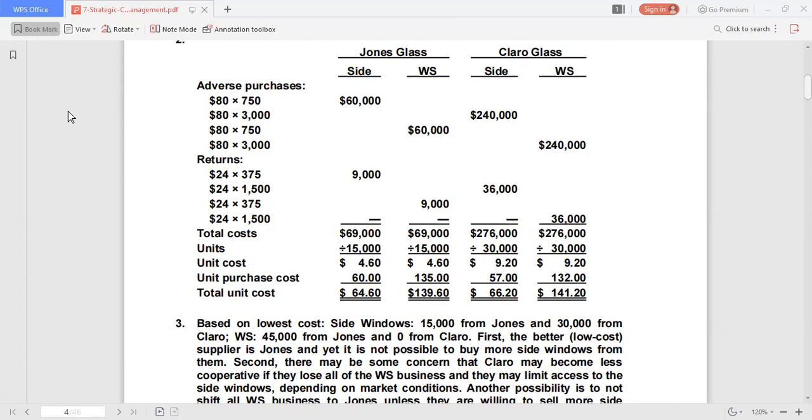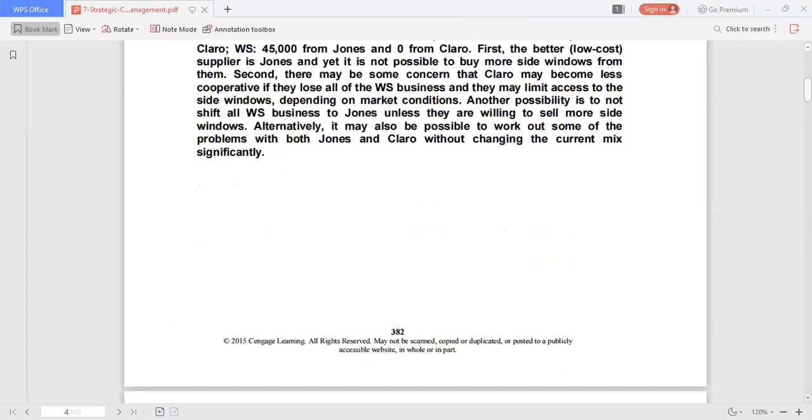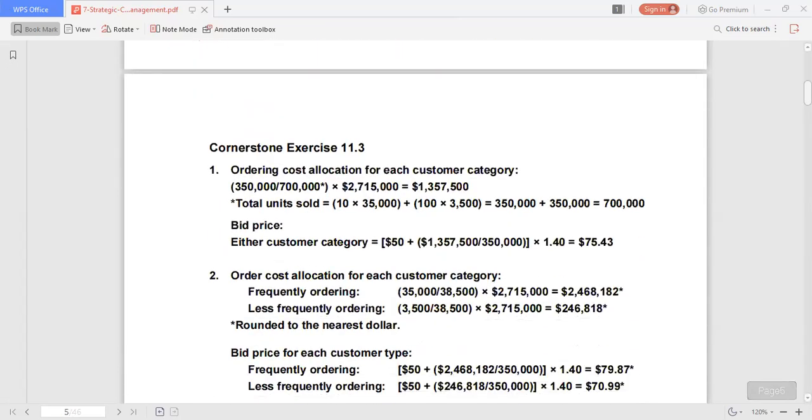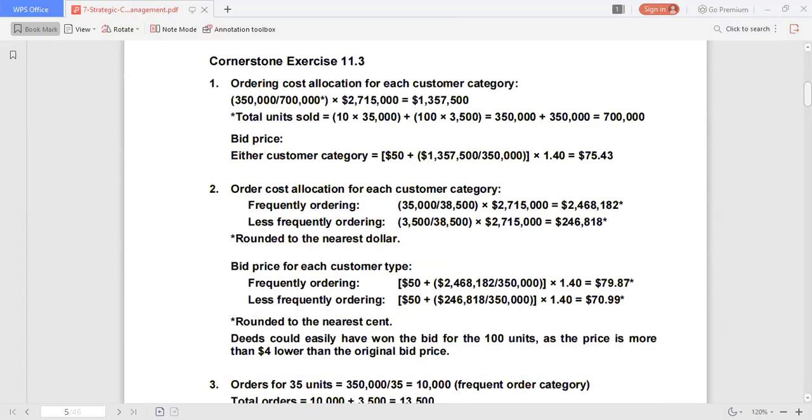Okay, so we have now problem 7-3, activity-based customer costing. 7-2 is activity-based supplier costing. This one is customer costing. Now, we are required to calculate the unit bid price offered to these customers, assuming that order filling cost is allocated to each customer category in proportion to units sold.